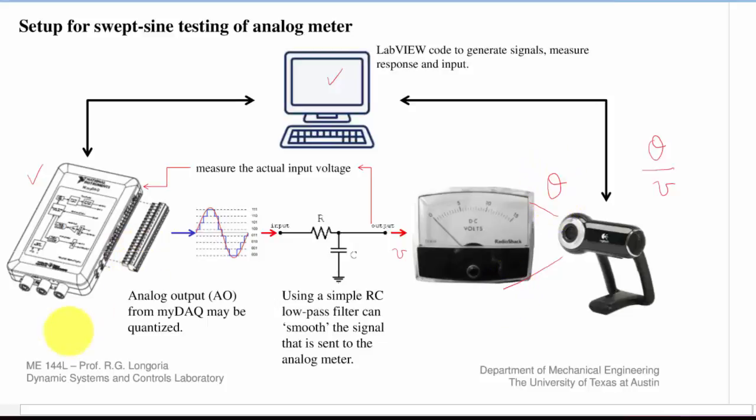Now, you're going to learn how to use the analog output on the MyDeck. That signal sometimes tends to be a little quantized. So remember, we talked about an RC filter earlier. An RC filter can filter that and make it a little bit smoother. So you get a nicer sine wave in here, and you won't get so much jitter on this needle motion, and you'll get nice clean sine waves on the motion here.